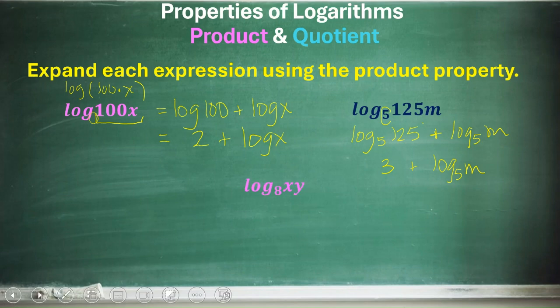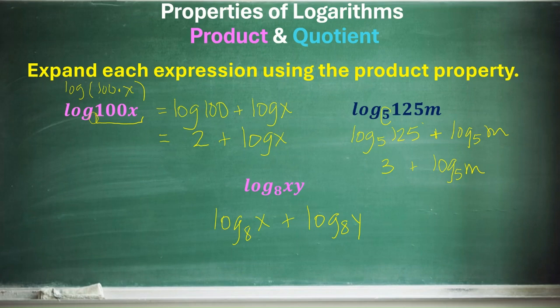But sometimes we're really just trying to break things apart because we're going to need to do something later. And this is one of those cases. We have two variables trapped within our log. And oftentimes when we're trying to solve, we need them to look different. So our base is 8. So we have log base 8 of x plus log base 8 of y. And this is as simplified as it gets.